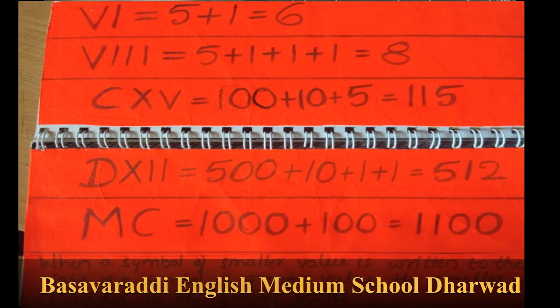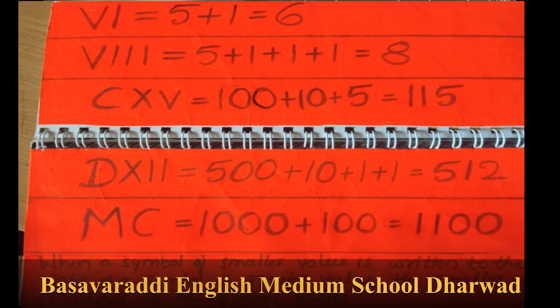Okay, next the second rule. When a symbol of smaller value is written to the right side of the symbol of greater value, the smaller value is added to the greater value. So, V I: 5 plus 1 is equal to 6.